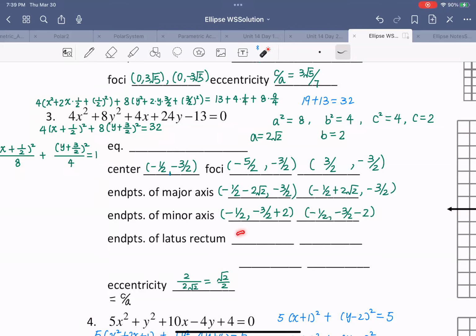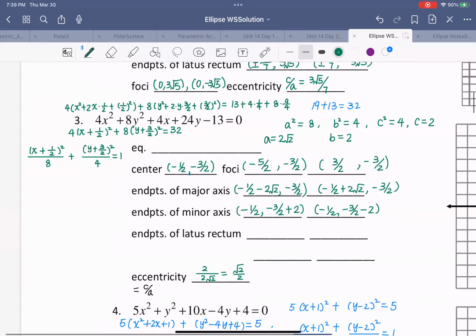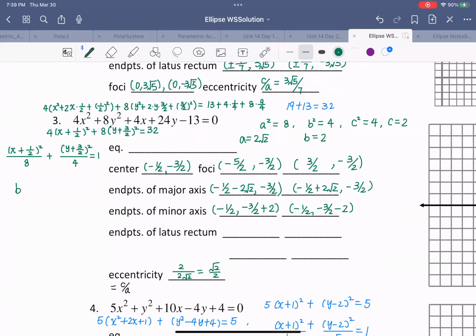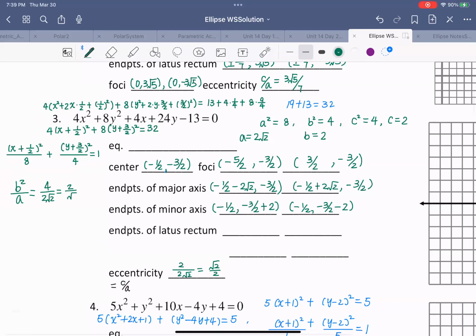Now let's do here. Latus rectum. This is the horizontal direction. So you will start from the foci. You will go up and down by how much? By b squared over a, right? B squared over a will be 4 over 2 square root 2. Good. So 2 square root 2 over 2 over square root 2, which is square root 2, right?